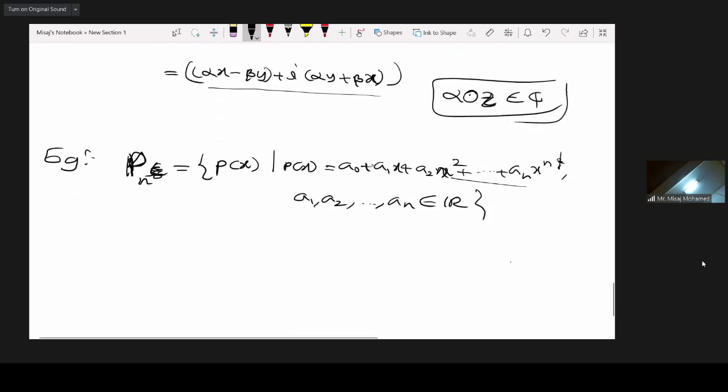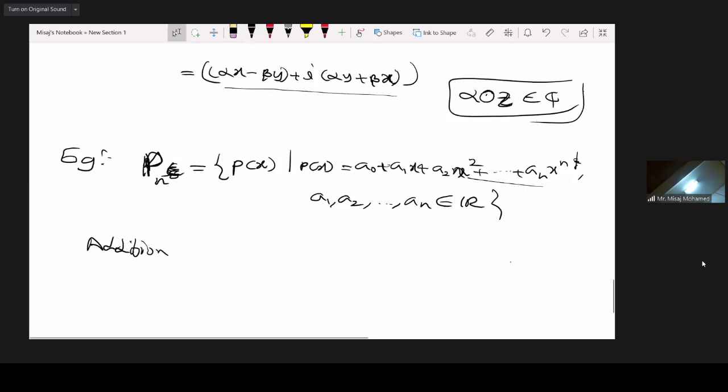Polynomials of degree n. So addition and multiplication are defined like this.